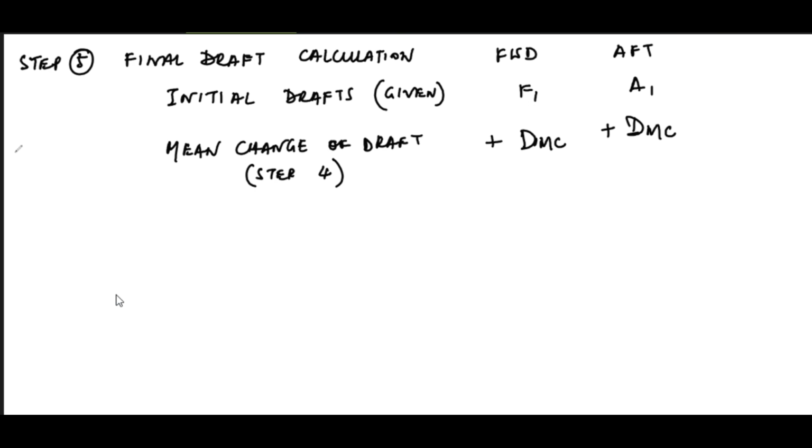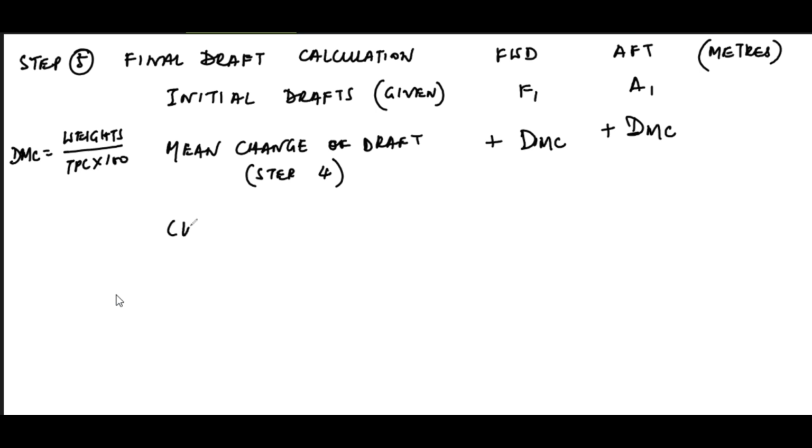So what we know, DMC is equal to weights by TPC into 100. Here TPC is in centimeters, isn't it, sir? Yes, that's why we need it in meters. All of these are going to be in meters.